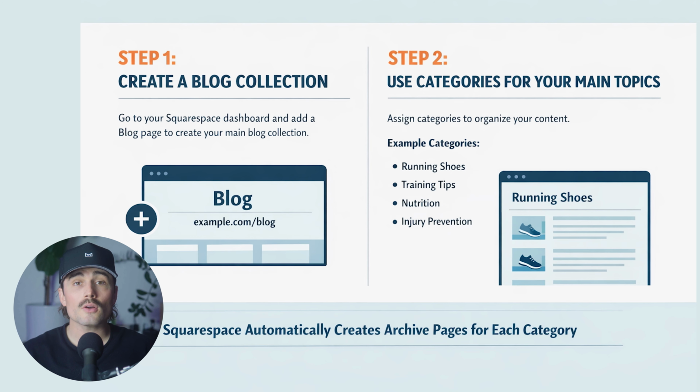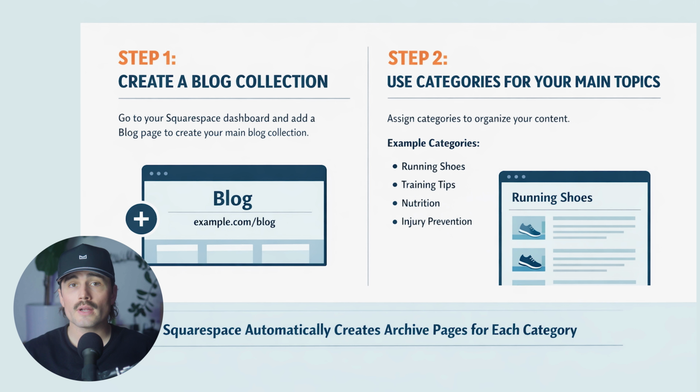Step 2, use categories for your main topics. Squarespace allows you to assign categories to blog posts. Categories should represent your main content themes. For example, a fitness site might use categories like running shoes, training tips, nutrition, injury prevention. When you assign a category to a post, Squarespace automatically generates a category archive page. That page shows all the posts within that category.